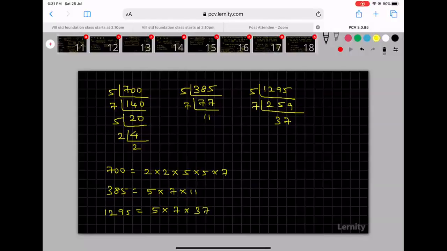Now I want to find the common. Here one 5 is there and one 7 is there. So the HCF, that means the length of the longest loop, is equal to 5 into 7. Therefore, my answer is 35.